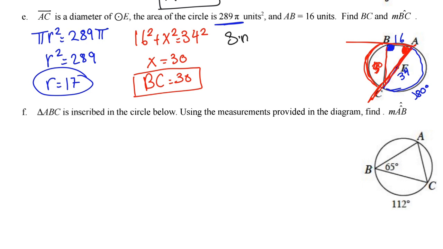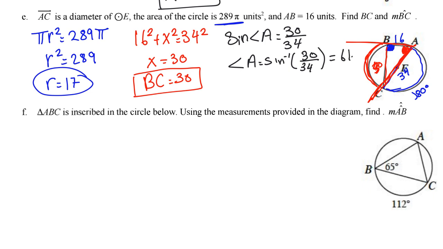So sine of angle A is equal to 30 over 34, which makes angle A equal to the inverse of sine. I'd like to remind you again, make sure that your calculator is in degrees mode. The inverse of sine of 30 over 34 is approximately 61.93.